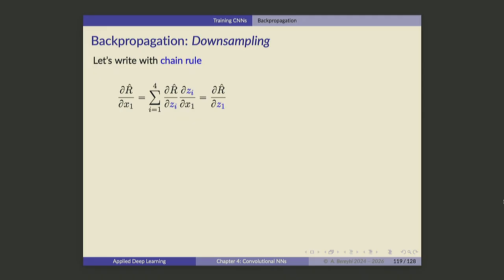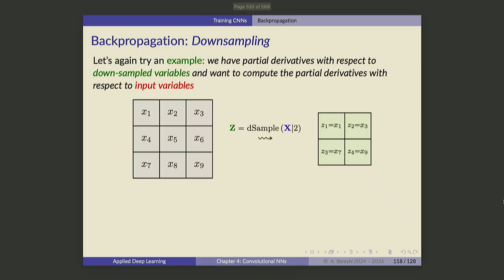So the gradient with respect to x1 is essentially the gradient with respect to z1. What about the gradient with respect to x2? It's going to be 0. Again, you could say x2 does not show up in z at all, right? And so it is not computing the loss, so there is no reason for it to have a gradient.